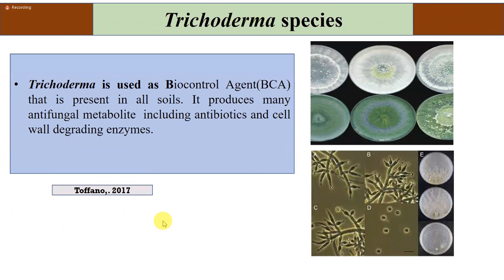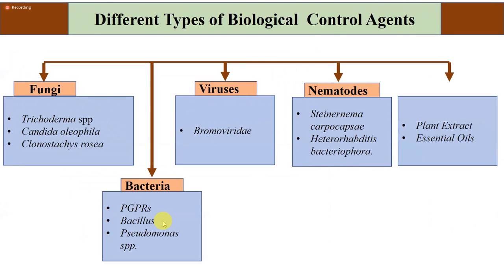So in biological control agents, because we are working on plant pathogens, these fungi work as a foe as well as a friend. First of all, we take an example of fungi.